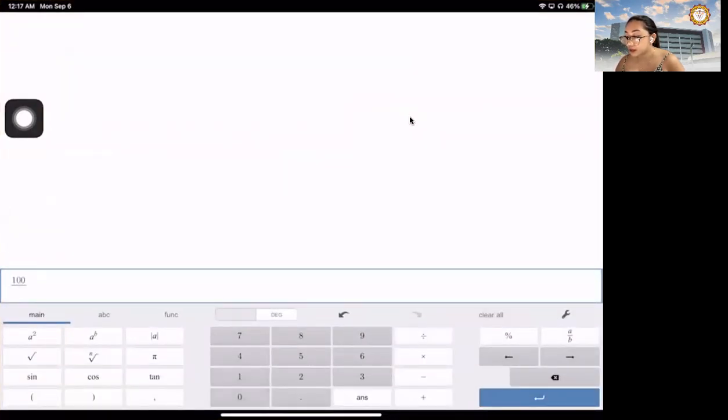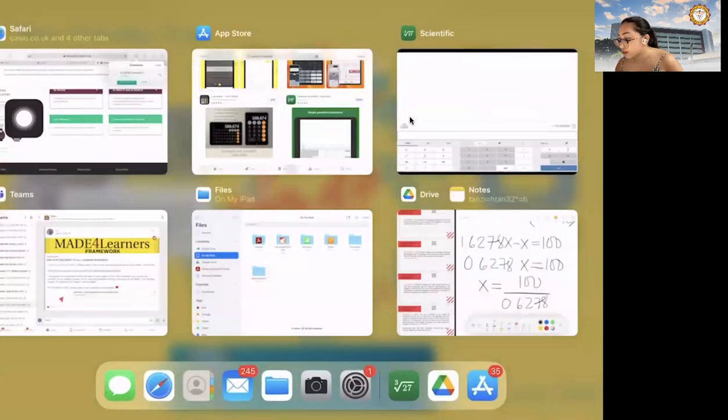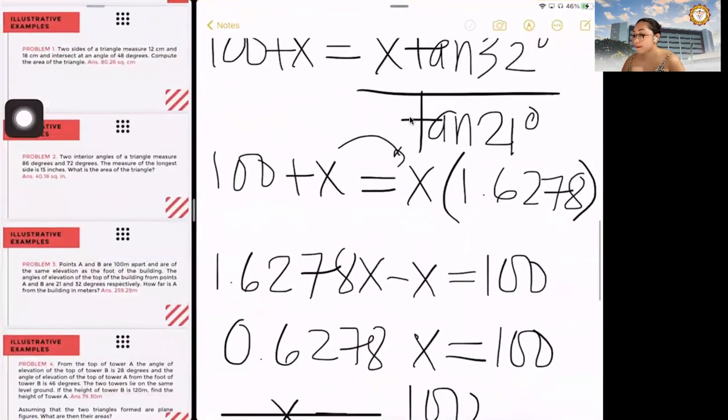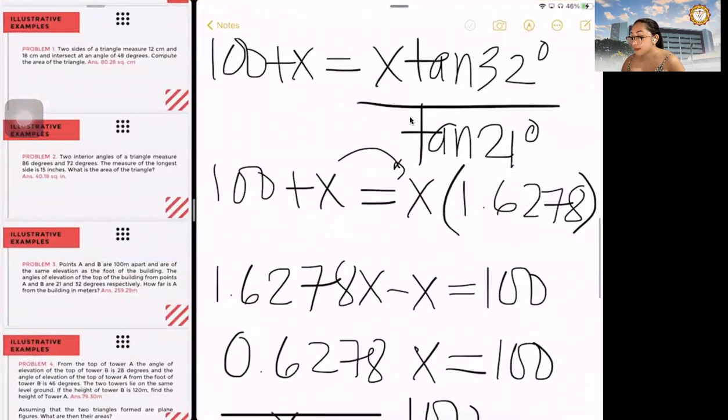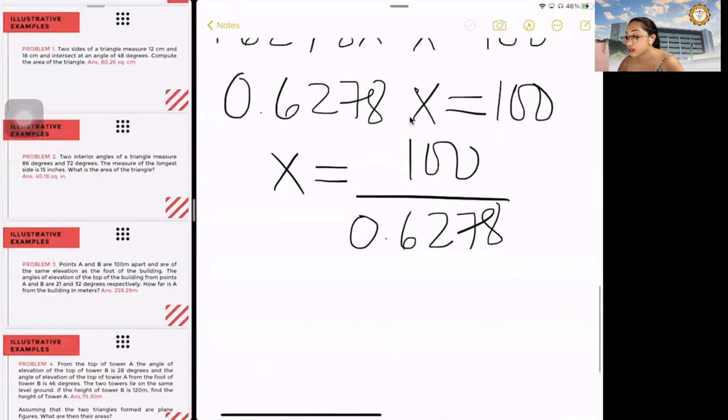100 divided by 0.6278 is, oops, is it 62 or 67? Oh, okay, sorry. Correct.